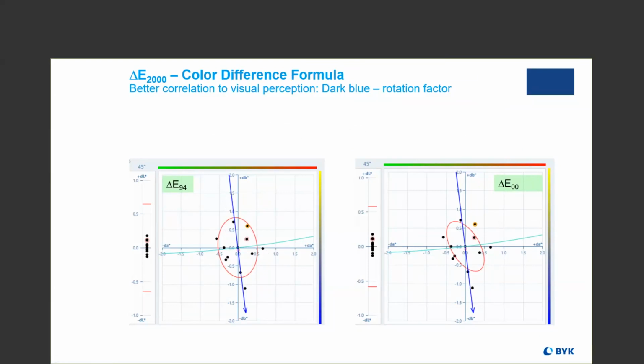But if we look at DeltaE 2000, we can see that that ellipse is rotated a bit, because again, we found that to be a bit more accurate compared to what we see visually. And once that ellipse is tilted to make it more accurate, a lot of those samples that were previously intolerant under DeltaE 94 are no longer intolerant.